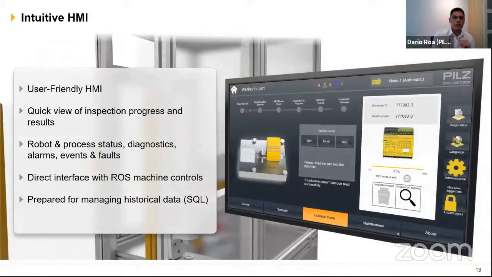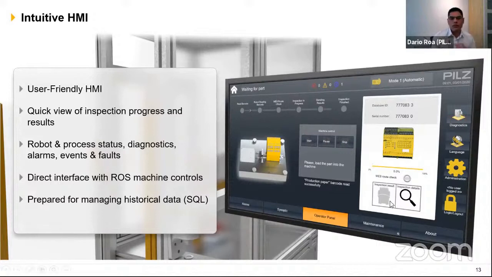We've already talked about the HMI that we have and the case of this HMI. The idea is to have ROS as a backend technology. That way it can have a front end that is intuitive to the operator, and the operator doesn't need, of course, to learn ROS. And we can have a lot of information for it to be easy to use.